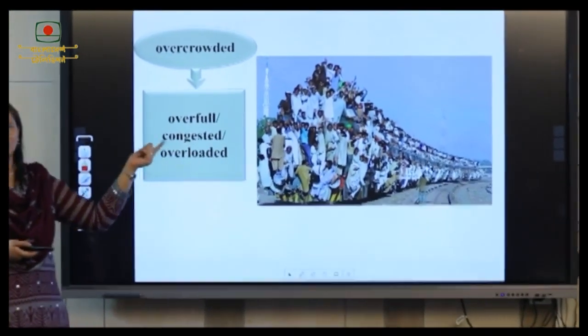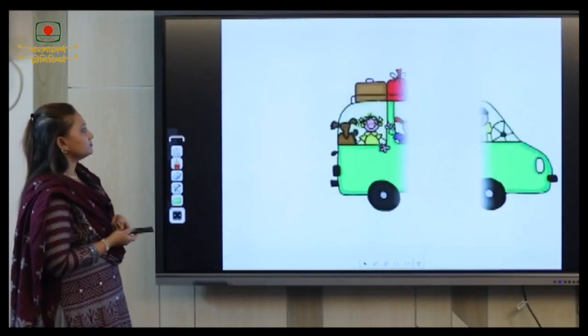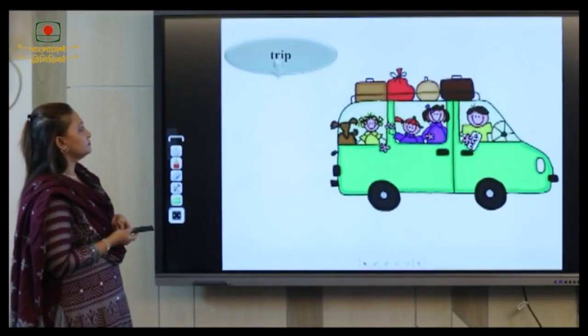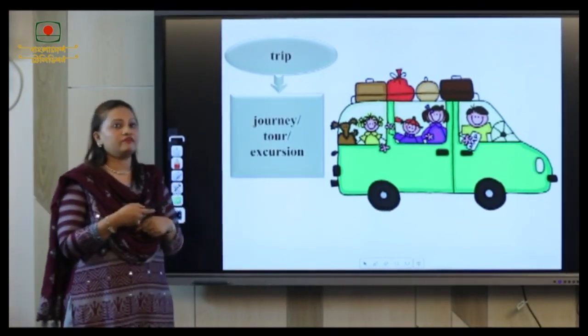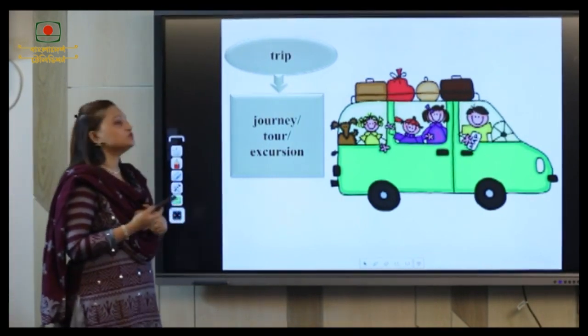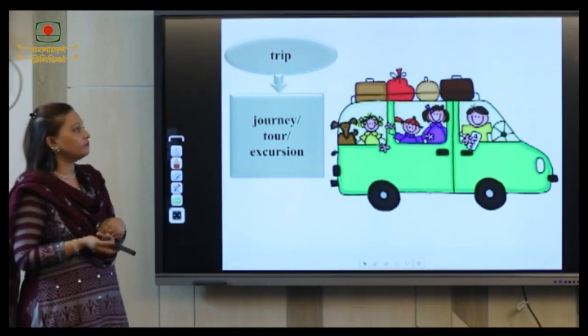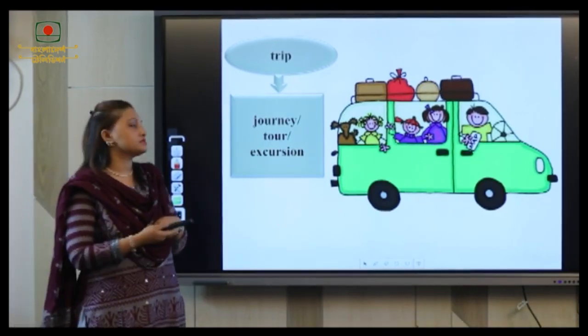This is the condition of rail in Bangladesh. I think all of you know this word and are very familiar with it: trip, which means journey, tour, excursion. These are the hard words from this lesson, lesson 1.